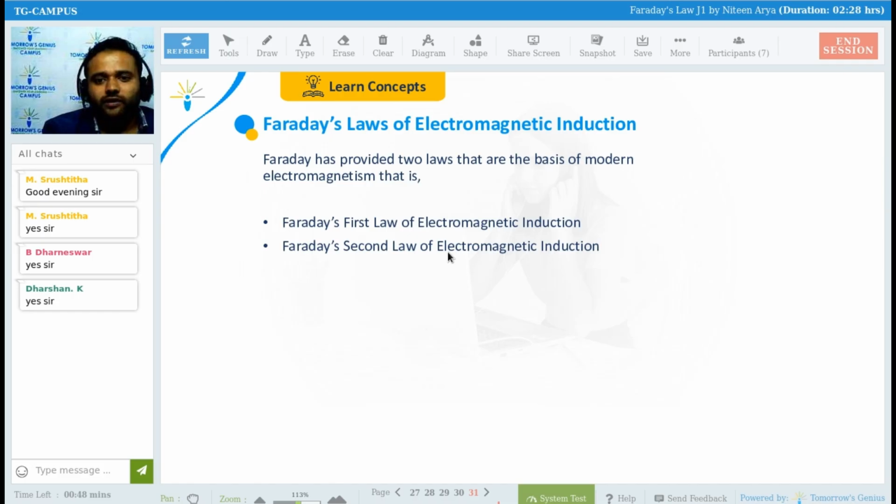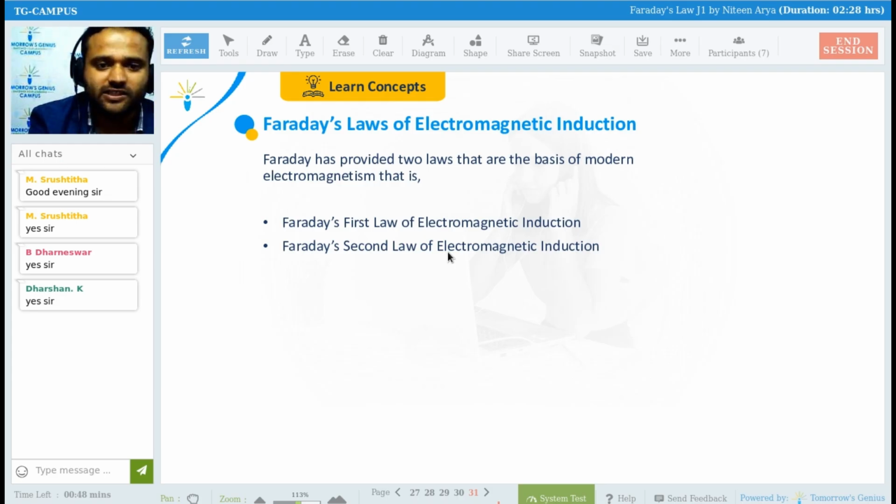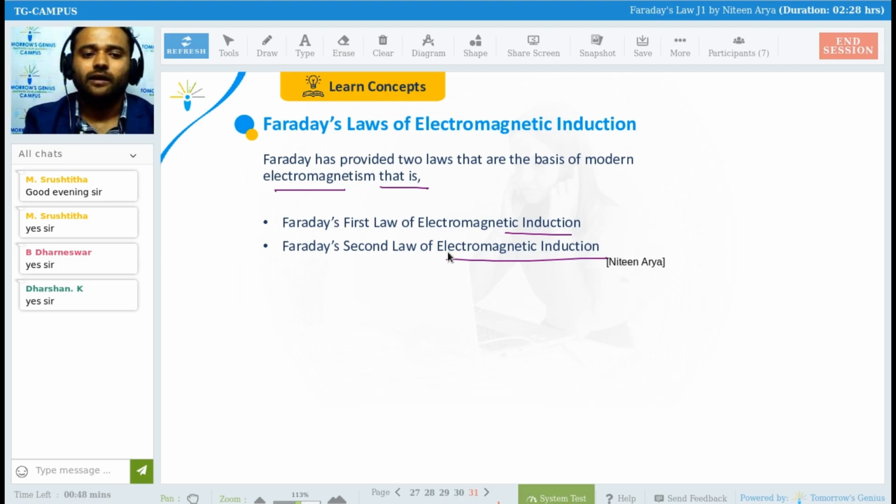Faraday's law of EMI. I already discussed, I gave you a hint, a brief. Let's discuss in a proper manner. In general, Faraday has proved two laws that are the basis of modern electromagnetism: Faraday's first law of electromagnetic induction and Faraday's second law of electromagnetic induction.